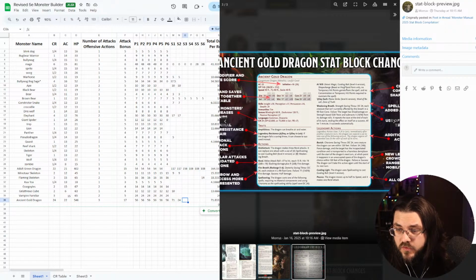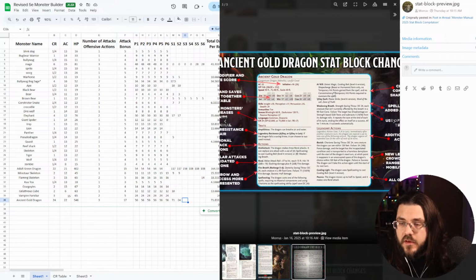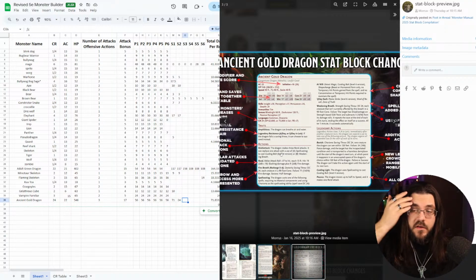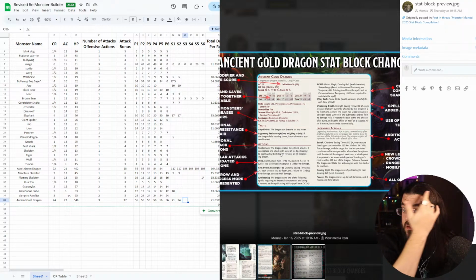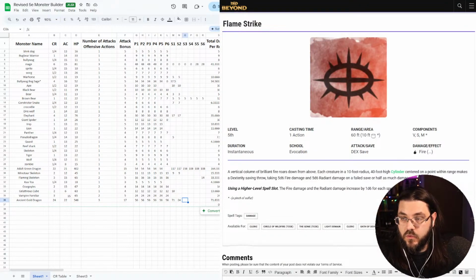And then Guiding Bolt's shape change. Flame Strike at level 6. But does that replace... It can replace 1 attack with a use of spellcasting to cast that Guiding Bolt or Weakening Breath. So if it's going to Flame Strike, it can also attack. So let's have a look at Flame Strike and see whether Flame Strike is worth doing.